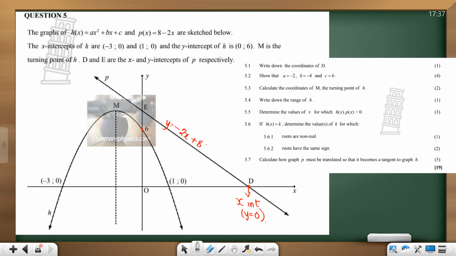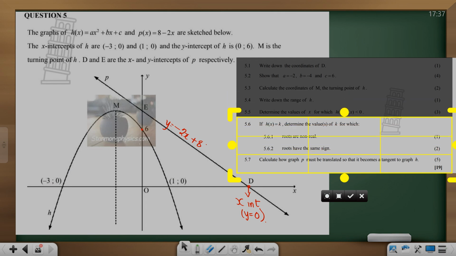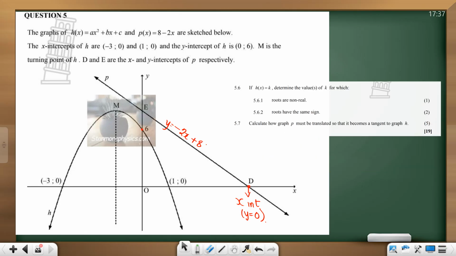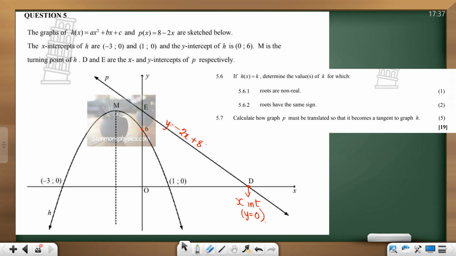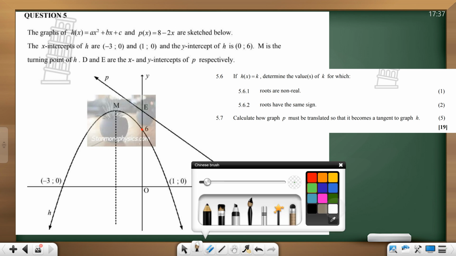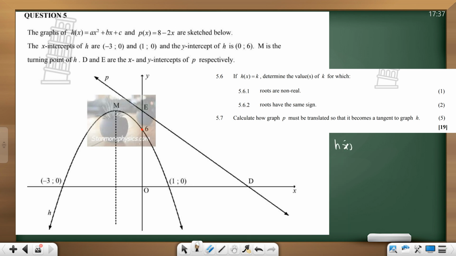It says, if h of x equals k, usually what I tell learners to do is to rewrite the equation h of x equals k. Now, if I am saying h of x is equal to k, what does it mean? Remember what h of x is. h of x is the y value, okay? So, h of x is y. Let's replace that. y is equal to k.